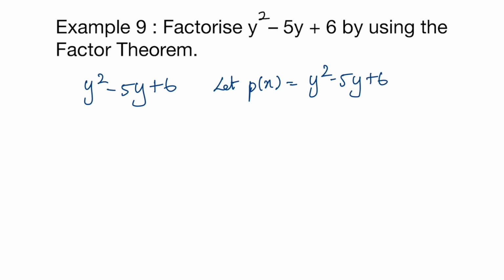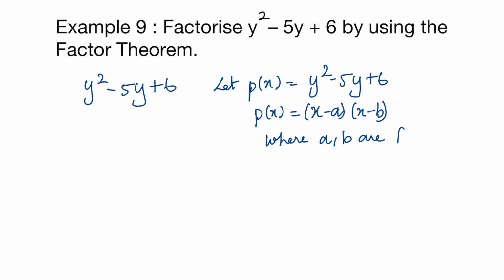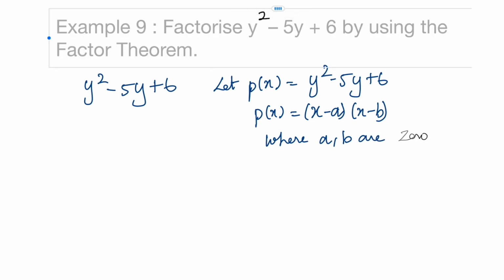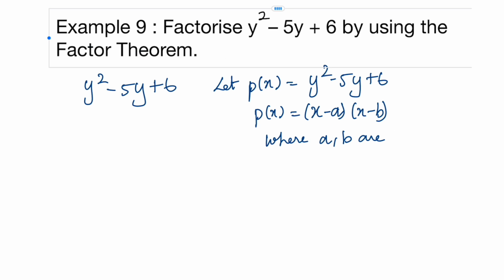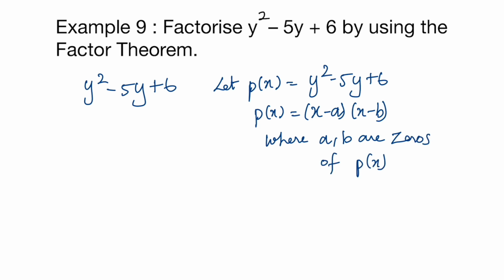Now, p of x is equal to x minus a times x minus b, where a, b are zeros of p of x. If a, b are zeros of p of x, then x minus a times x minus b is in fact equal to p of x. This we know by the factor theorem.